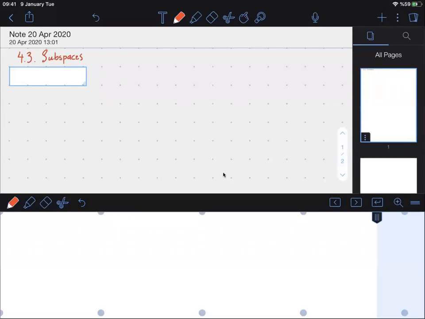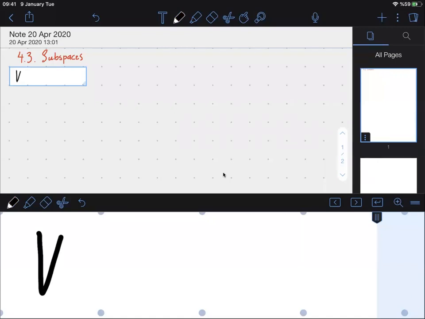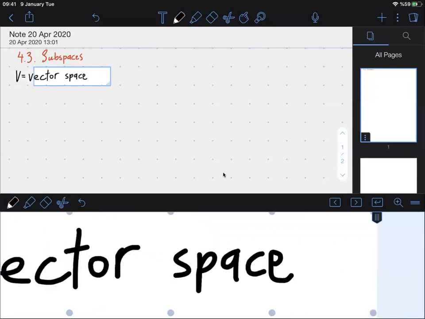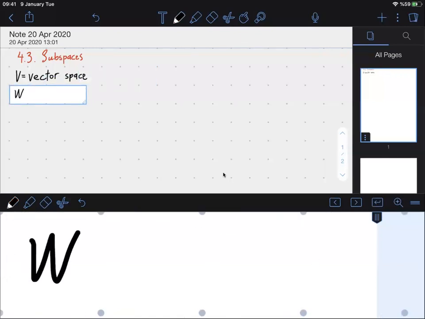Then we talked about subspaces. So if V is a vector space, then we look at a subset of V. You remember this symbol means subset, right?